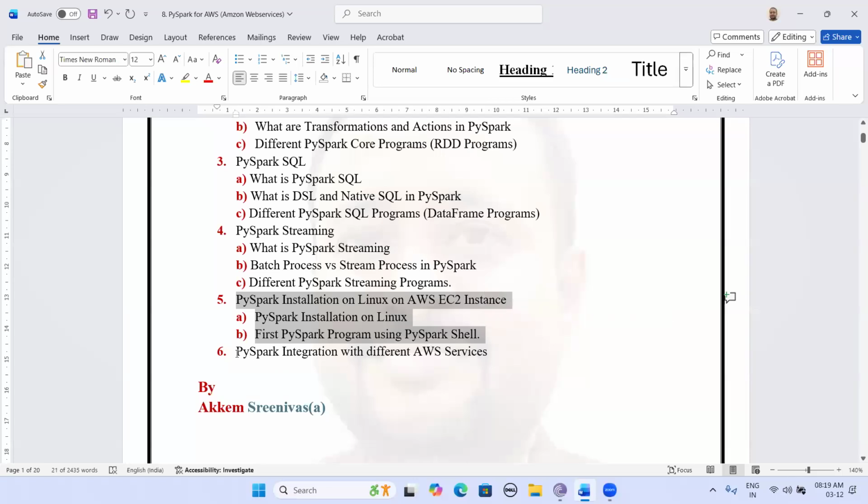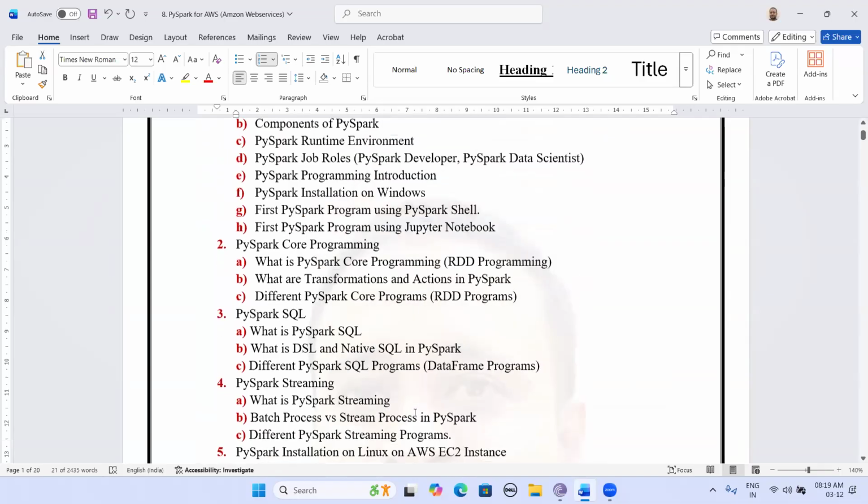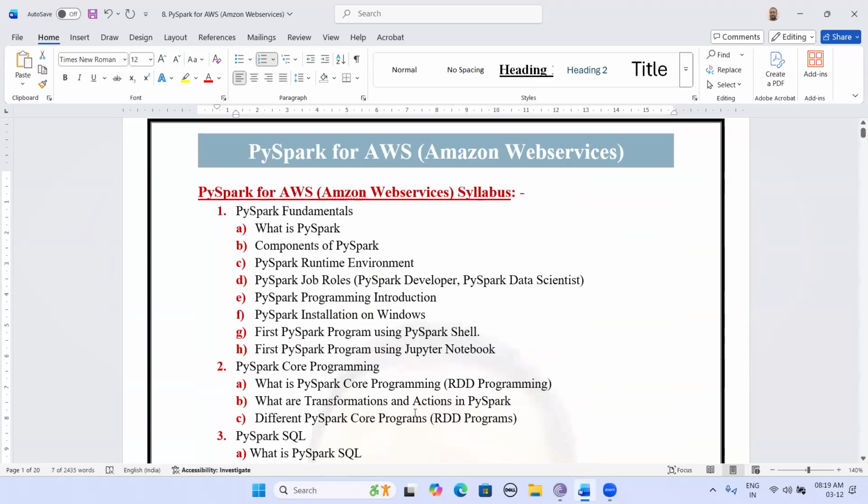Then we are going to see integrating PySpark with different AWS services like AWS S3, RDS, Glue, EMR, etc. How we can integrate PySpark with different AWS services. So this is our complete PySpark for AWS syllabus, team.